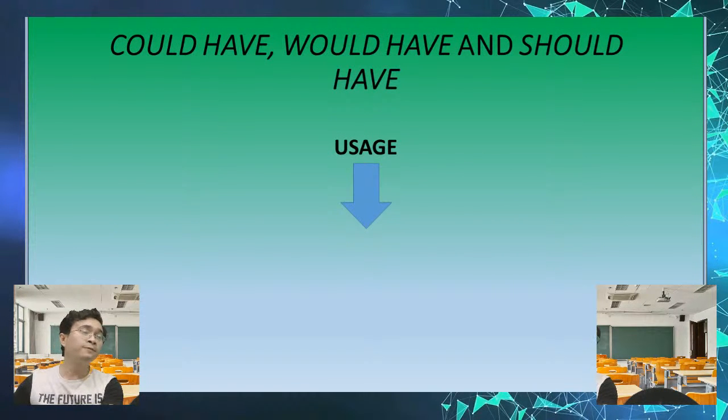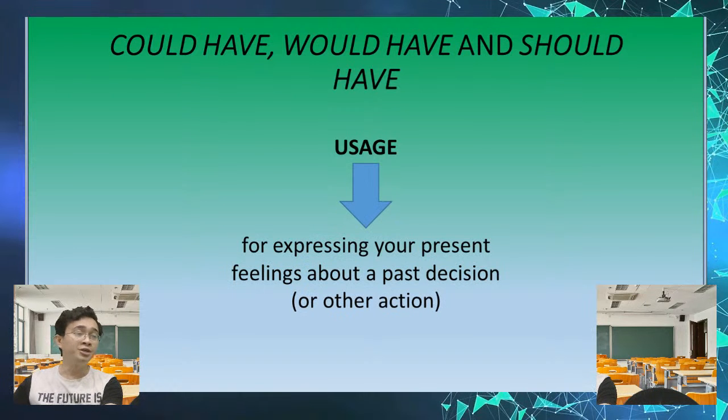Commonly for could have, would have, and should have, there is one common usage. We use them for expressing your present feelings about a past decision or other action. Right now you want to tell something about what happened in the past, and probably your past decision was not quite good.